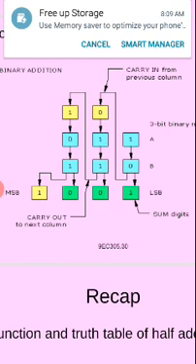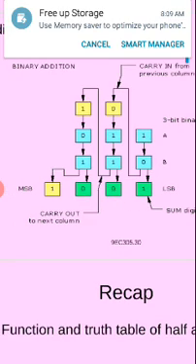In the third column, the carry forwarded is 1. Because here A bits 0, 1, 1, B bits 1, 1, 0.